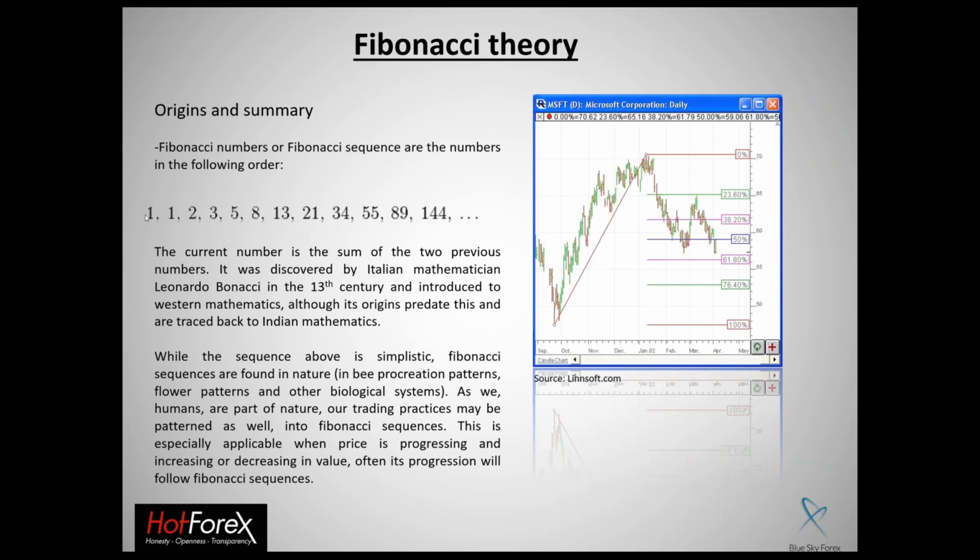Let me explain. 1 plus 0, let's pretend 0 is here. 1 plus 0 is 1. Then 1 plus 1 is 2. 1 plus 2 is 3. 2 plus 3 is 5, etc. So it's extremely simple. It's really straightforward. So this is the Fibonacci sequence. Each current number is the sum of two previous numbers.